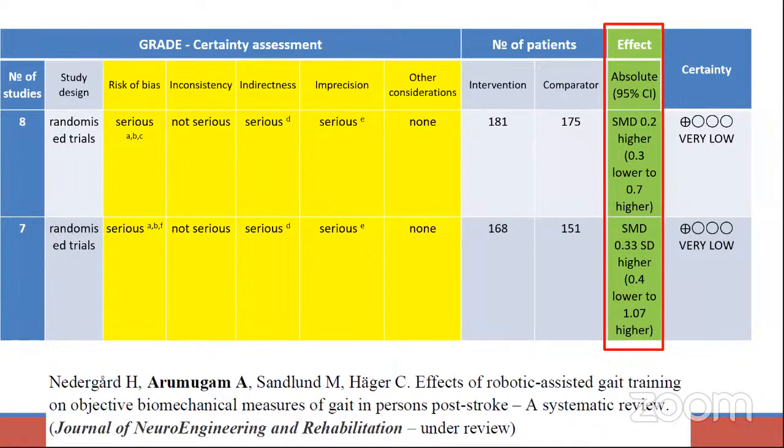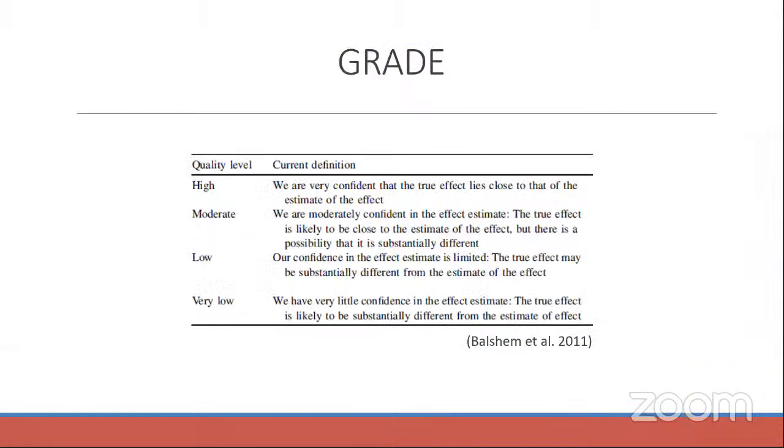So if you have a meta-analysis, you must also include effect estimates as a part of the GRADE certainty assessment. And here you can see I have highlighted all the 5 domains of the GRADE. And we found that more than 2 domains had serious concerns. Again, it resulted in very low certainty of evidence.